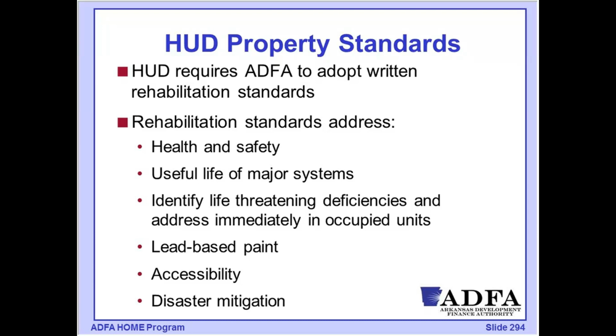We mentioned, as we went through property standards in other chapters, that also laying out what a minimum useful life would be for major systems. Generally, HUD is going to require that to be a minimum of 5 years. As part of ADFA's written rehabilitation standards, they also have defined what would be considered a life-threatening deficiency and something that would have to be addressed immediately when we had an occupied unit.